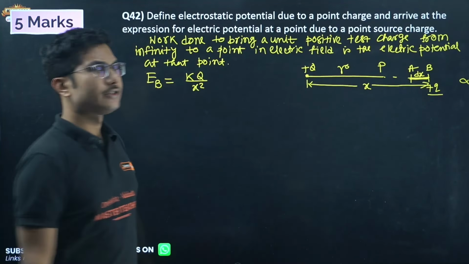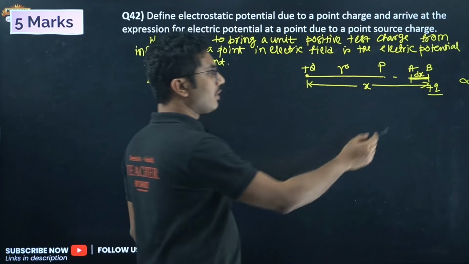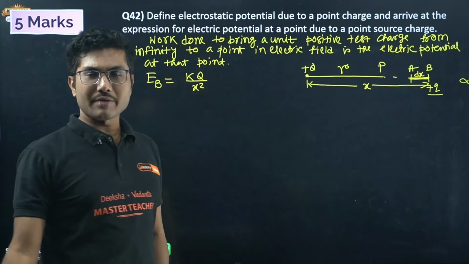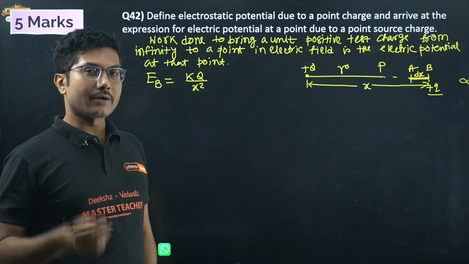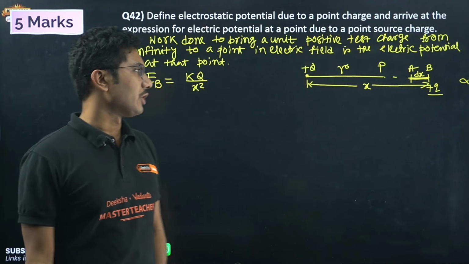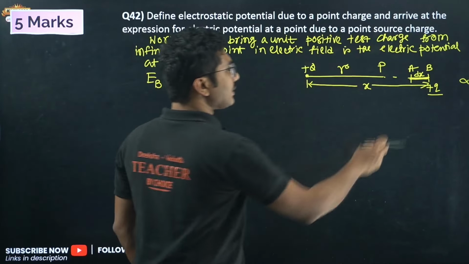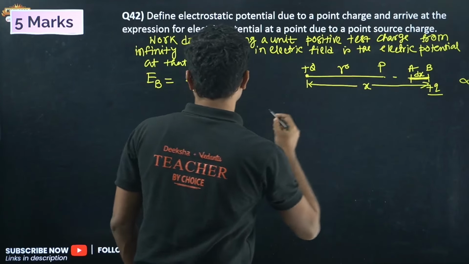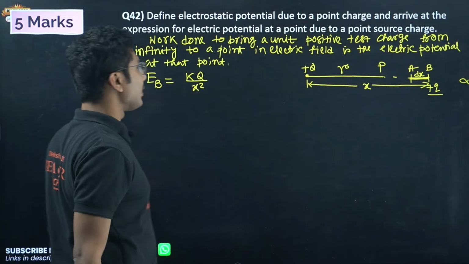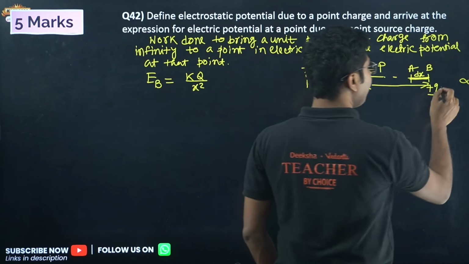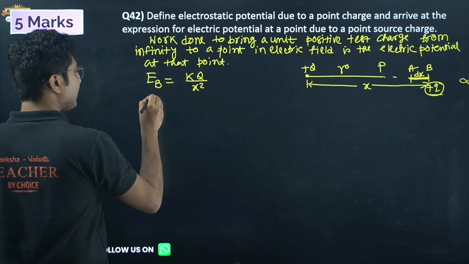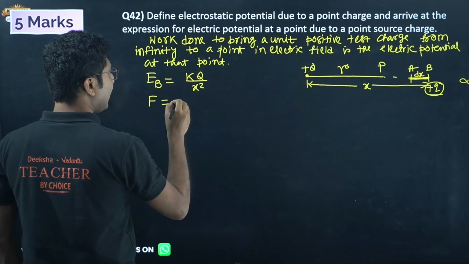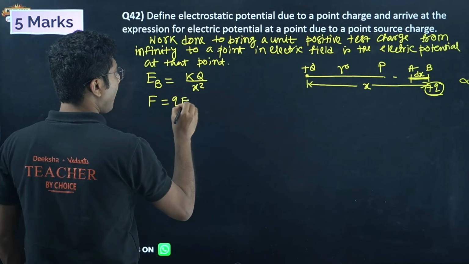This is called the source charge and this is called the test charge. The test charge does not have its own electric field. Source charges are the creators of electric field as well as electric potential. So the electric field at this point is kq by x square. If you keep this charge over here, what force will it experience? It will experience a force given by q into EB.